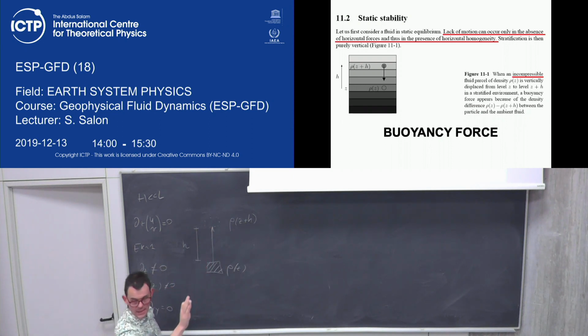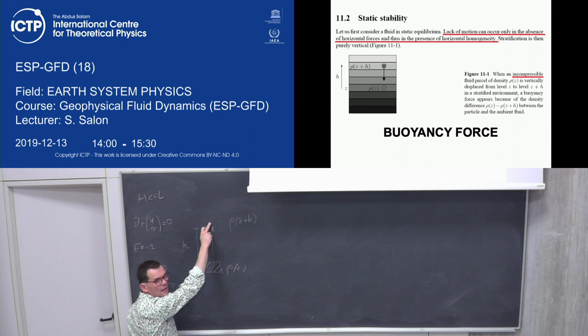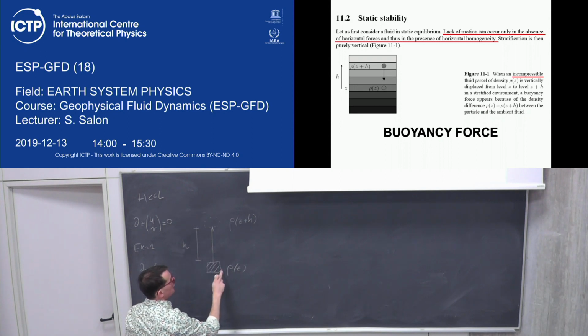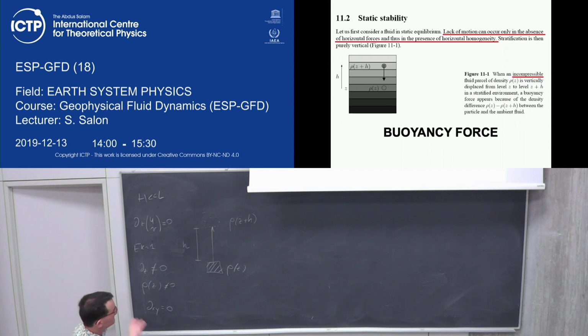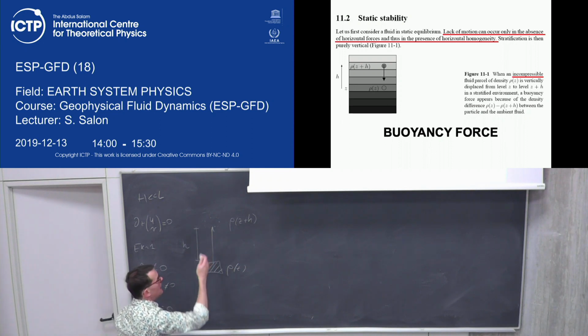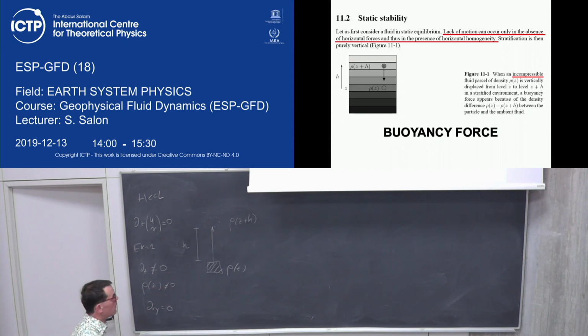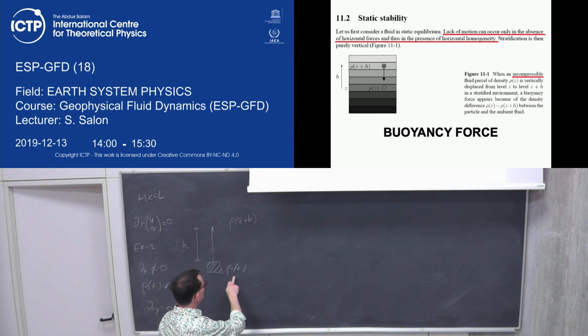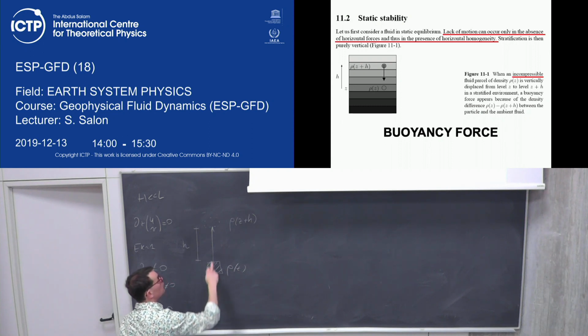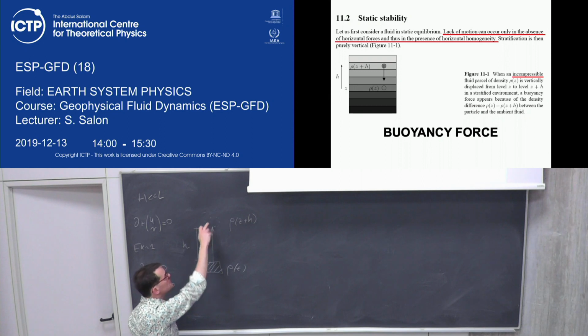We don't change the density of the parcel, but it will feel the density of the ambient. Before, I always had the same density; the density was not changing, so I didn't have any problem moving parcels vertically. Now this parcel, which is moved up, will feel something.